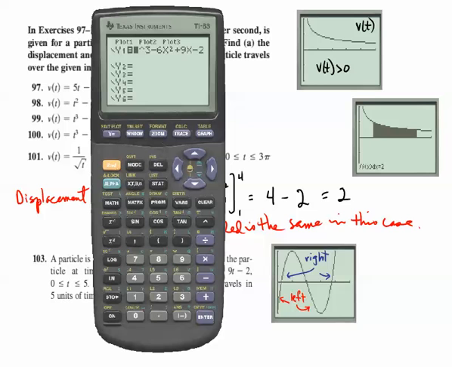So we'll go back to y equals, second, delete, gives us insert. We want to go to math, over to number, to option 1, absolute value, close the parenthesis at the end, and now when we go to graph, you'll see that everything bounces off of the x-axis there.